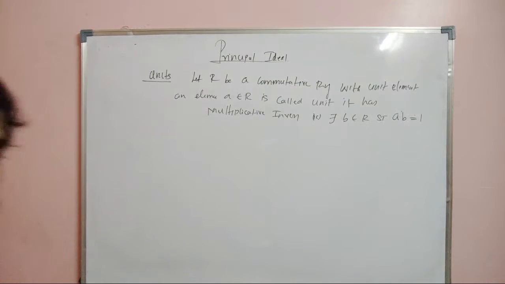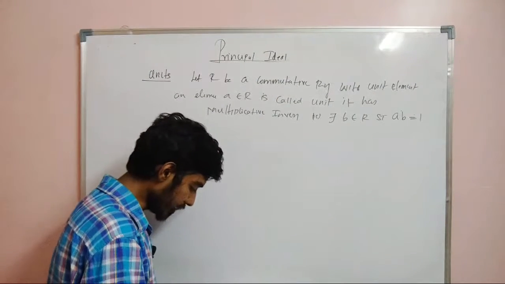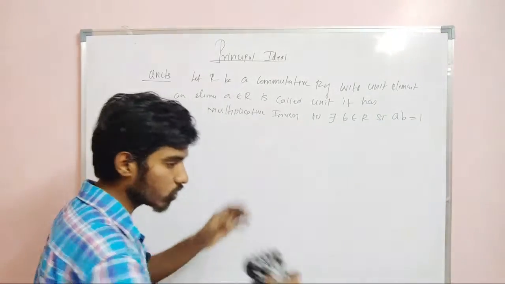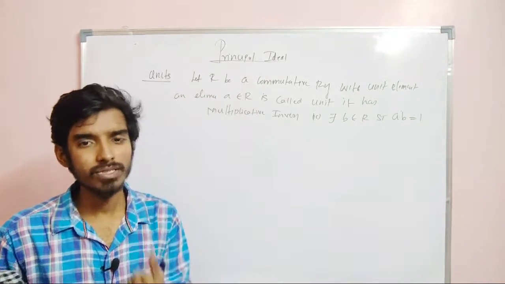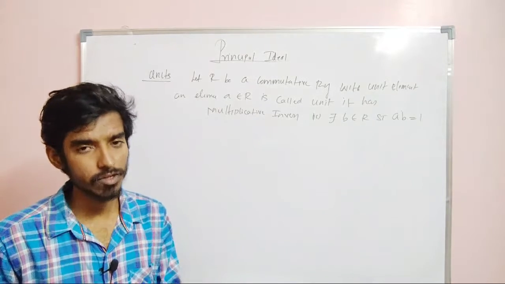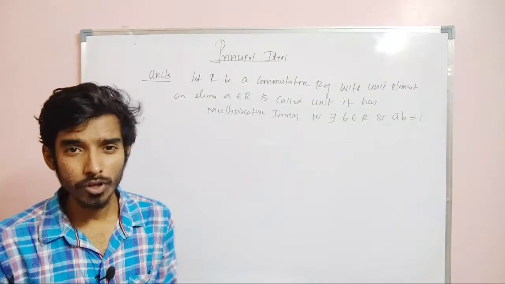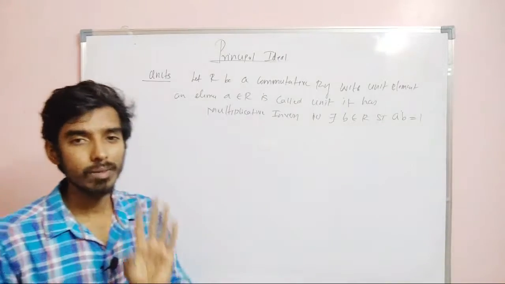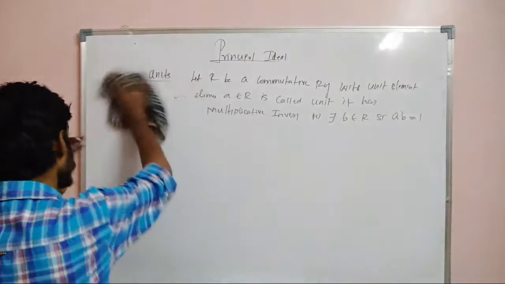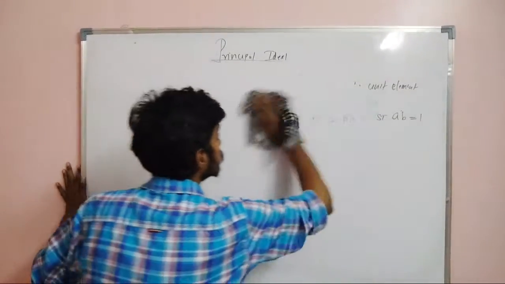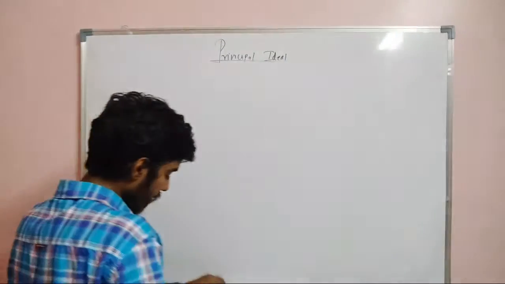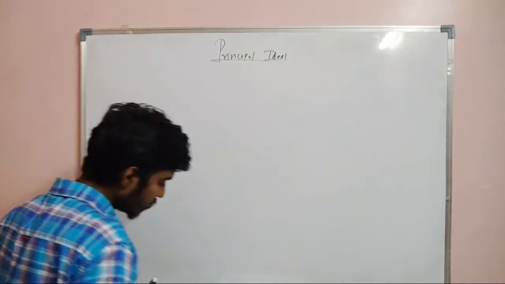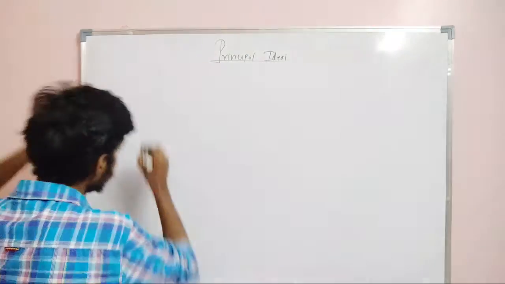You collect all the elements which have a multiplicative inverse, form a set, and those are called units. Unity means the multiplicative identity, which is unique.